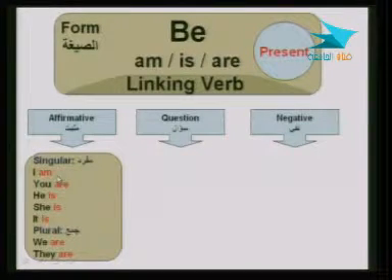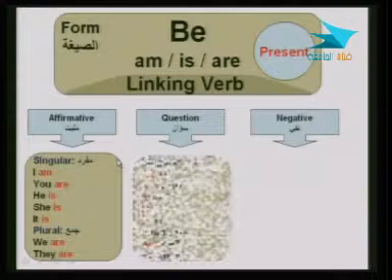This is the form of the verb be that we use with the subject I. If the subject is you, we use are. If the subject is the pronouns he, she, or it, all right, we use the form is. All right, and for plural subjects, we and they take are. That's to make affirmative sentences.